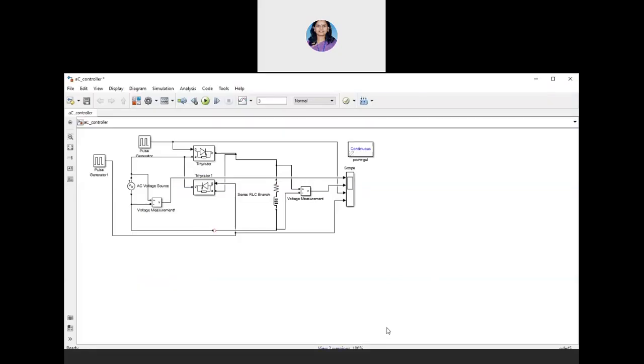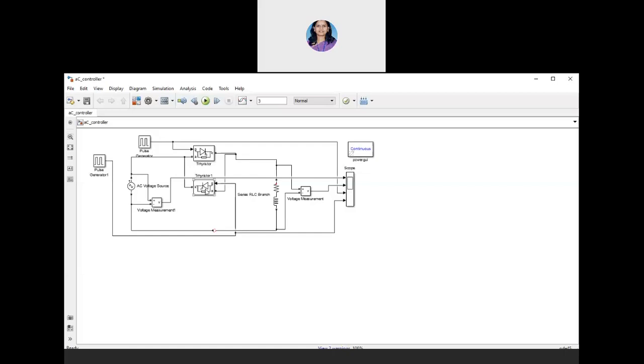On your screen, you can see the MATLAB based Simulink model of the single phase AC voltage controller. In this experiment, we have two thyristors. Those are connected in anti-parallel according to the basic circuit topology that you have already studied very well in your theory subject of power electronics.